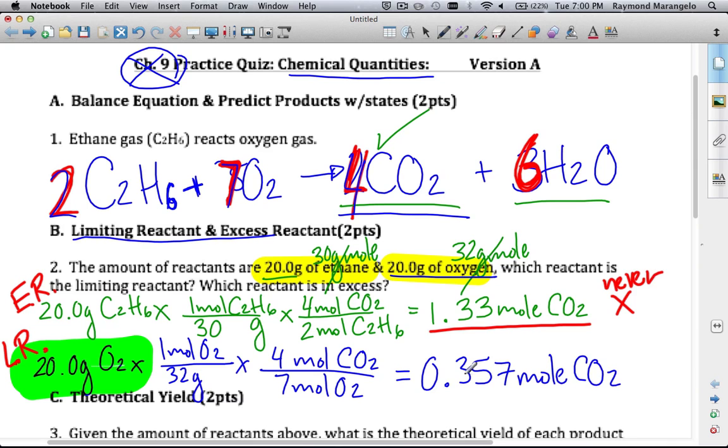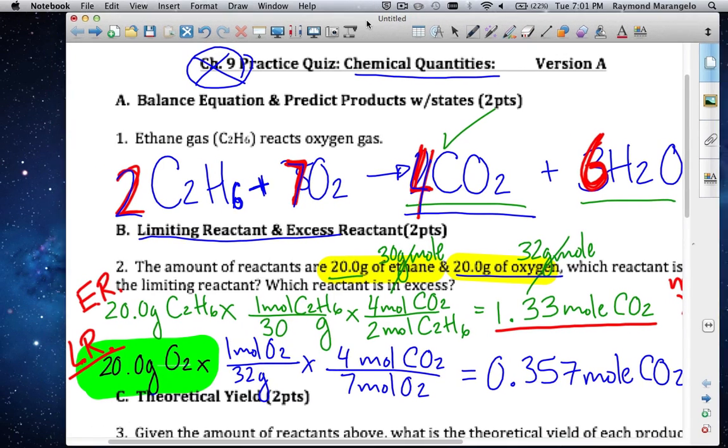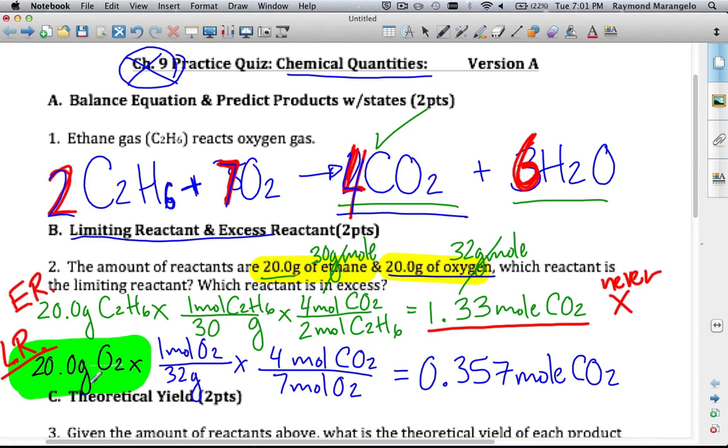You know why it never happens? Because my limiting reactant, which is my oxygen, runs out first. How do I know that? I know that because the oxygen I have, the 20 grams of it, only allows me to produce 0.357 moles of CO2. Therefore, this is my theoretical yield.